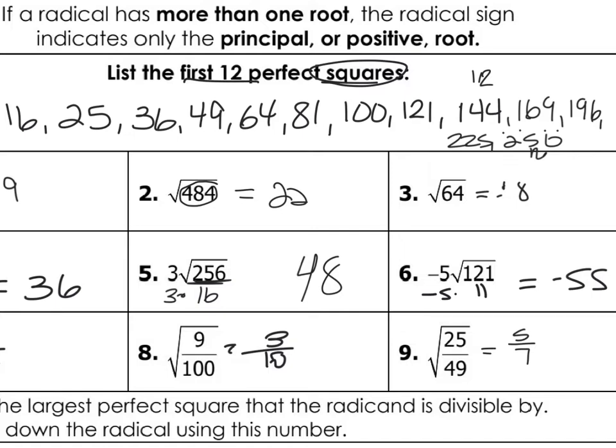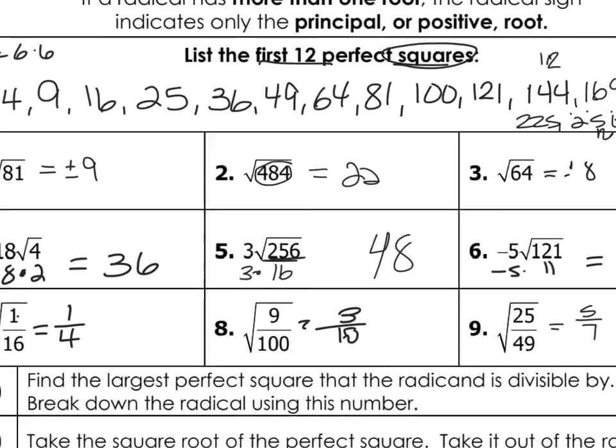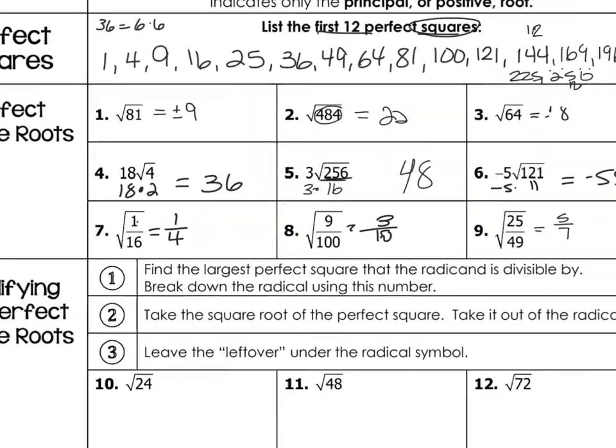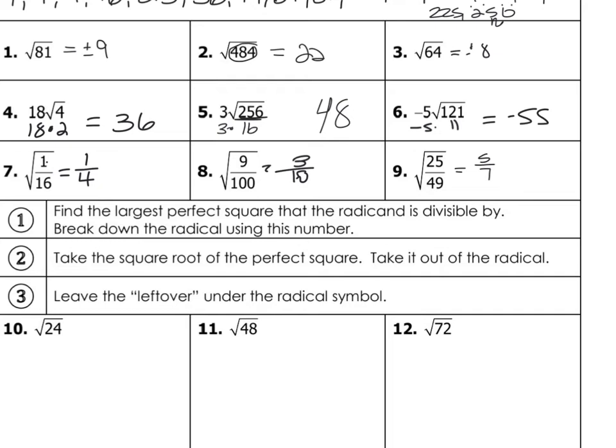Most of them, though, are going to be like square root of 13 and less, okay? Those perfect squares. All right, find the largest perfect square that the radicand is divisible by.